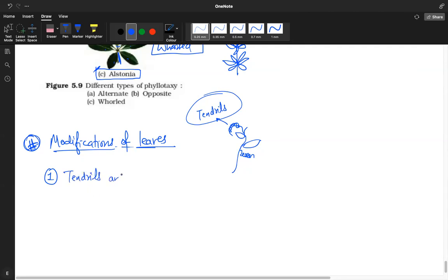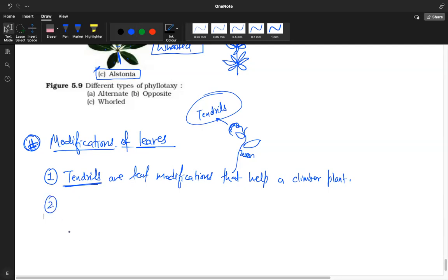Tendrils are leaf modifications that help a climber plant attach to surfaces and grow up. So first modification is tendrils.